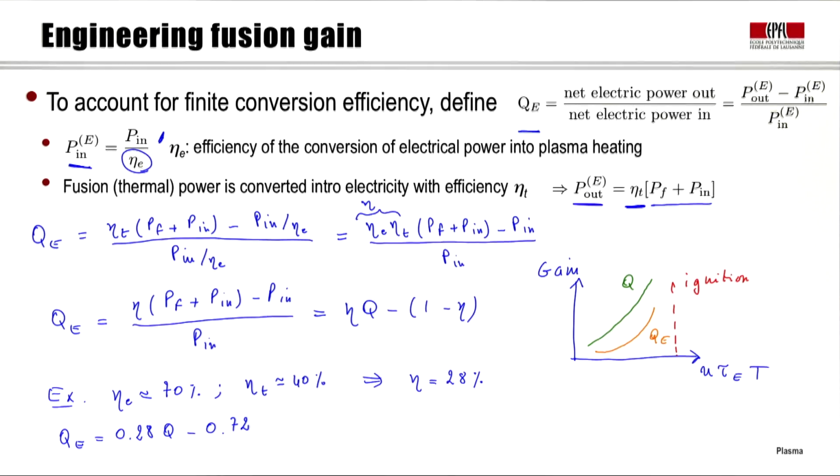For example, if I have an engineering Q of about 10, that needs a physics gain of about 40. Vice versa, if I have a physics gain of Q equals 10, that corresponds to an engineering gain of about 2.